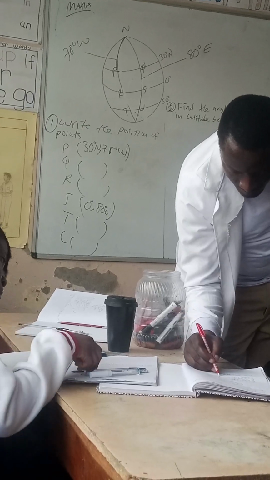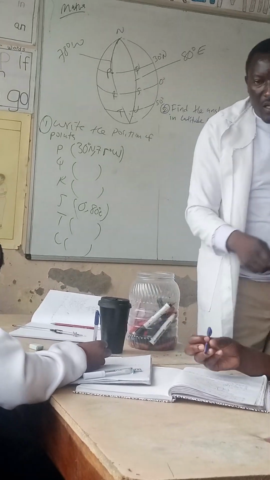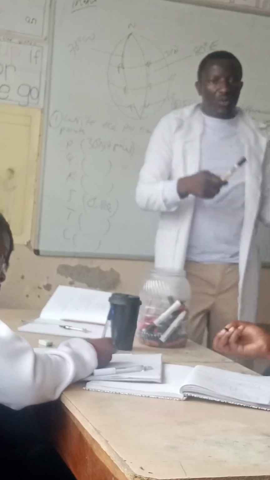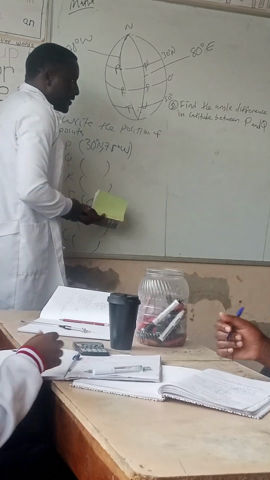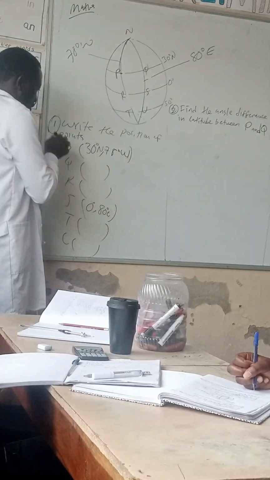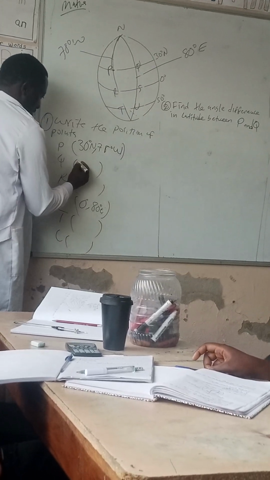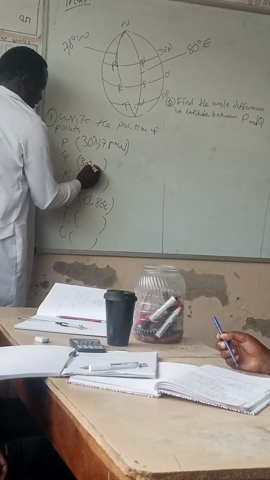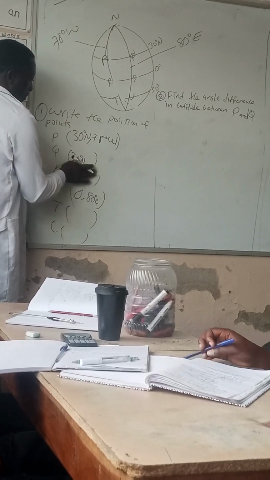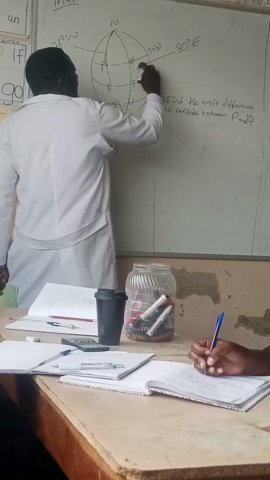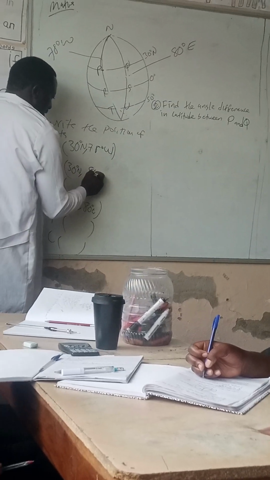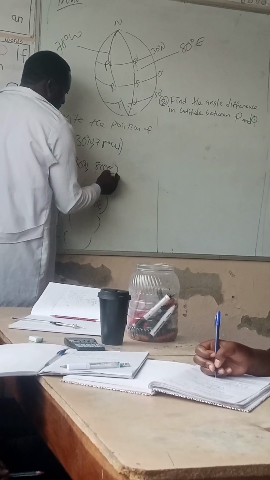For the sake of our friends who are watching, these are the answers. So mark yourselves. Q is 30 degrees north, comma, 80 degrees east. Mark yourself.